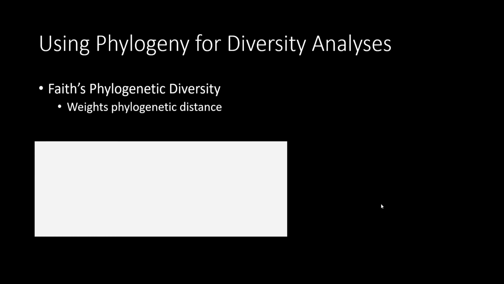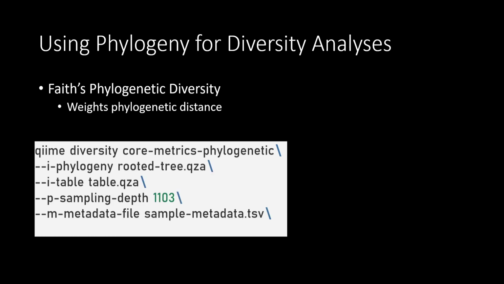So if you have 3 genera in your sample versus 10 species from the same genus, those 3 genera are going to be more diverse in Faith's metric than in something like Shannon, which is just looking at how many species there are. To do that, you'll just run this command here. The sampling depth for this one is 1,103. And it's going to say output directory, core-metrics-results. And that's pretty much it.